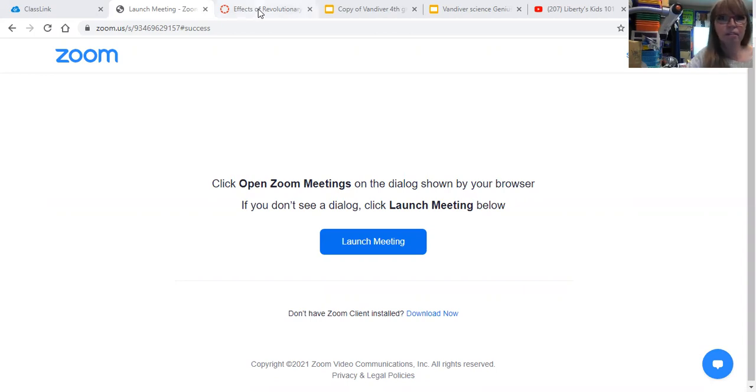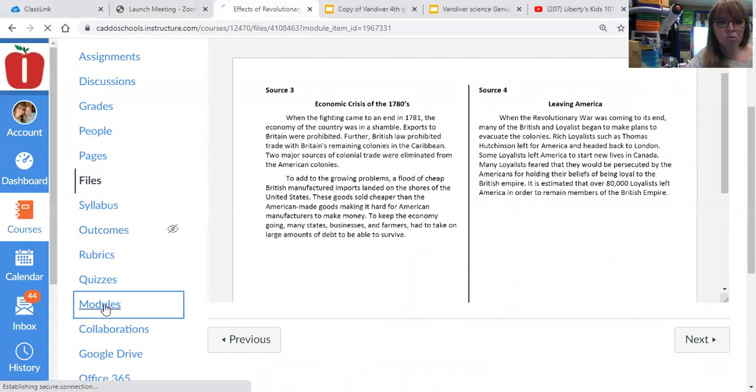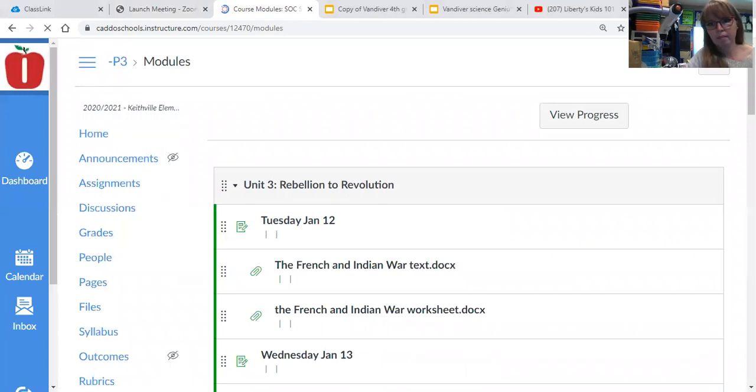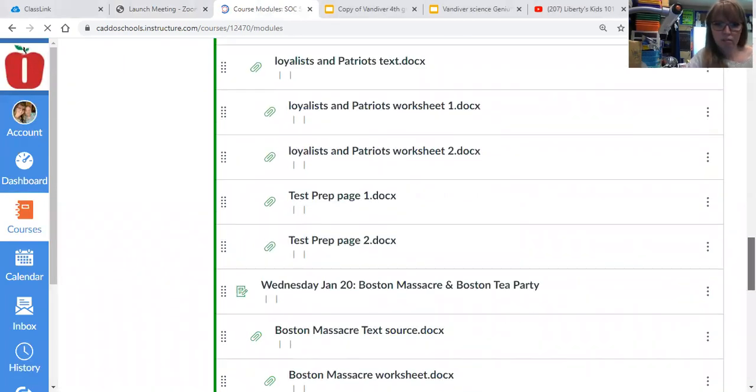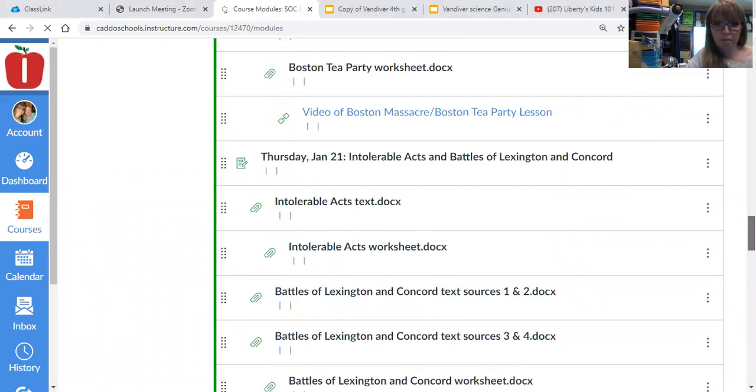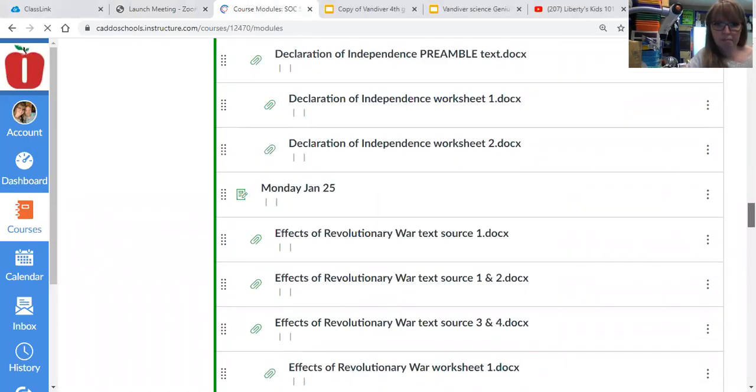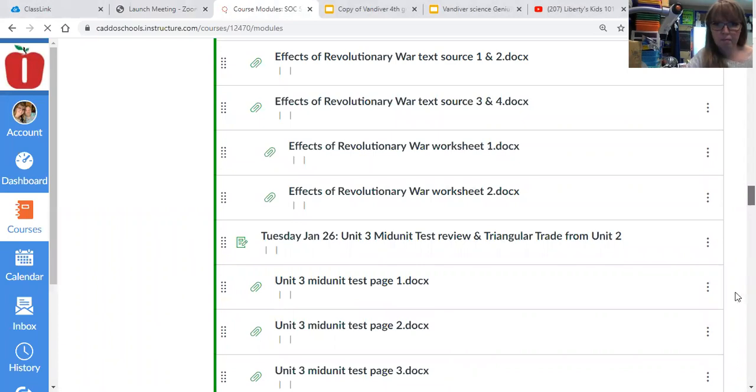Yes, effects. Let's go to modules. I guess it would be very helpful if I had a copy of the test with me.